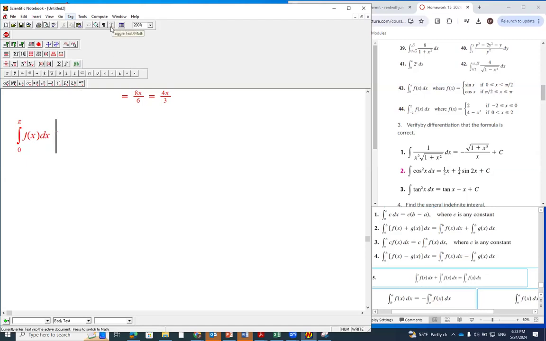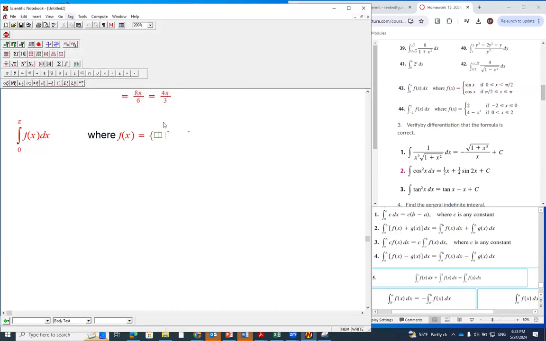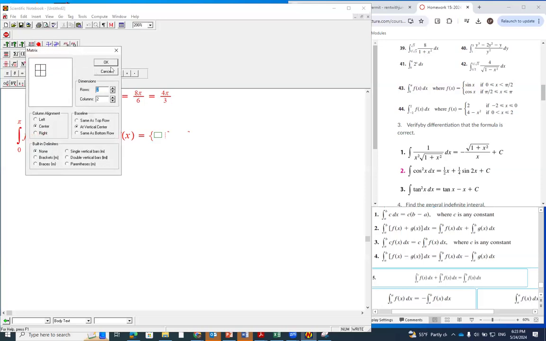But how is f of x defined? So here we are told that f of x has different rules on different intervals. Okay, so we're going to write it down. We're going to copy that question. And there are two functions.